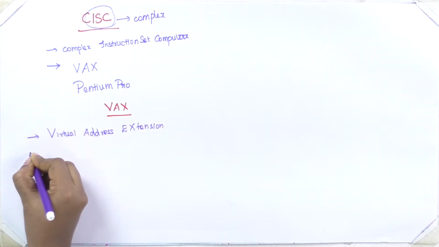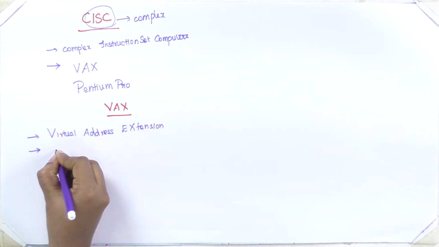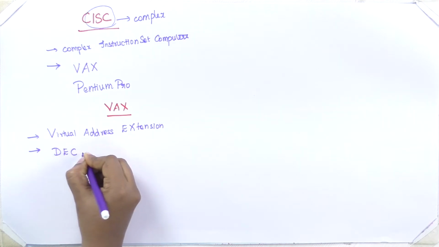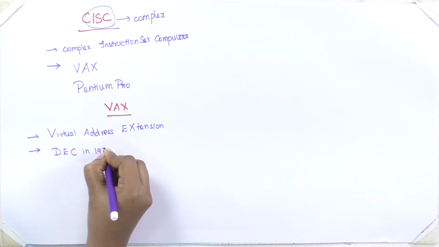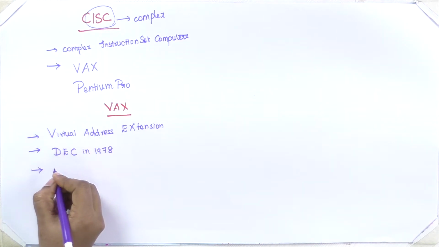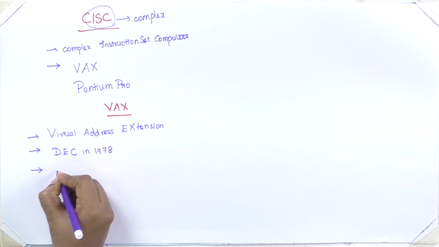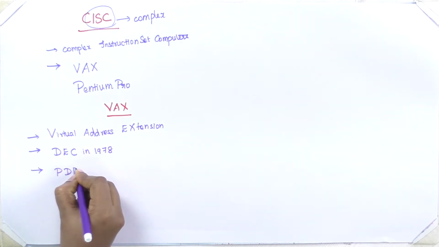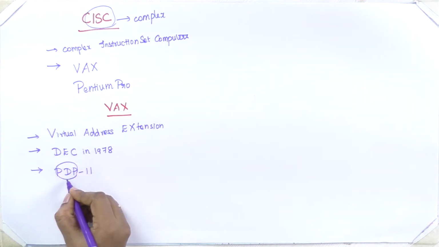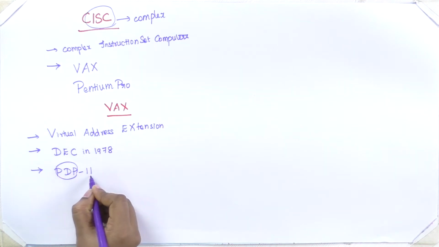VAX architecture was first introduced by Digital Equipment Corporation (DEC) in the year 1978. It was designed for compatibility with earlier PDP-11 machines. PDP stands for Programmed Data Processor 11 machines.